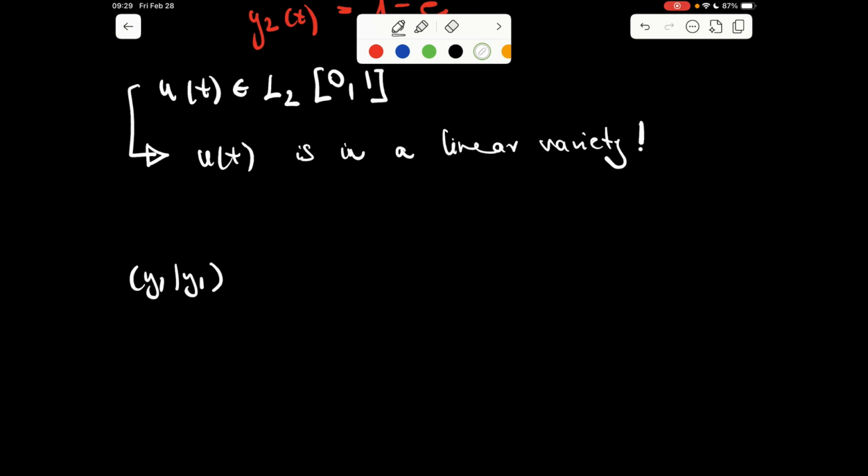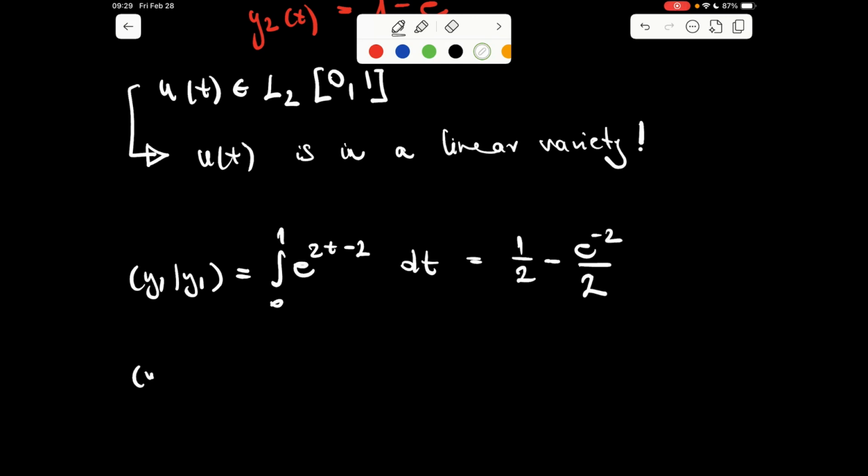We need the Gram matrix. So this is this integral, which is easy to realize is equal to this function. Okay. The second function, so we are describing the elements in the Gram matrix.